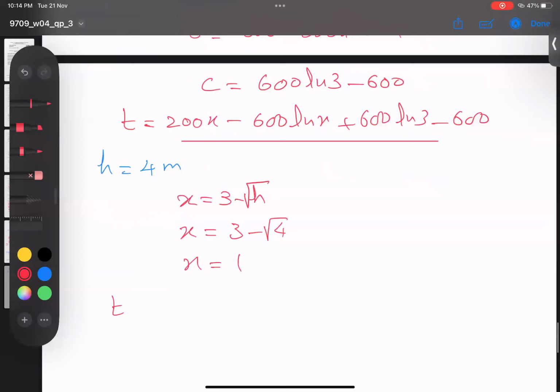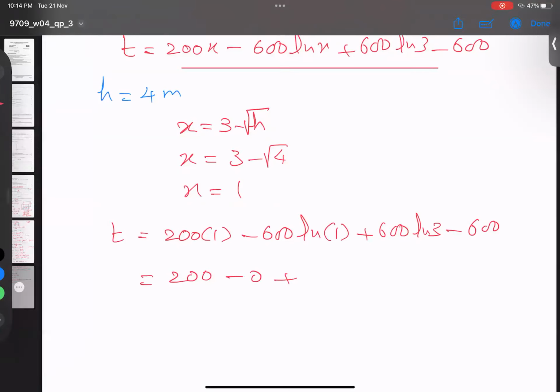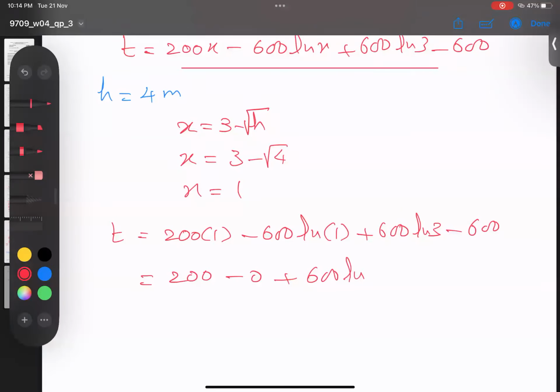So t equals 200 times 2 minus 600 times log of 2 plus 600 times log of 3 minus 600. And this 200 comes from here. This is 0, this is 600 log of 3 minus 600. And now I'm writing 600 log of 3 minus 400.